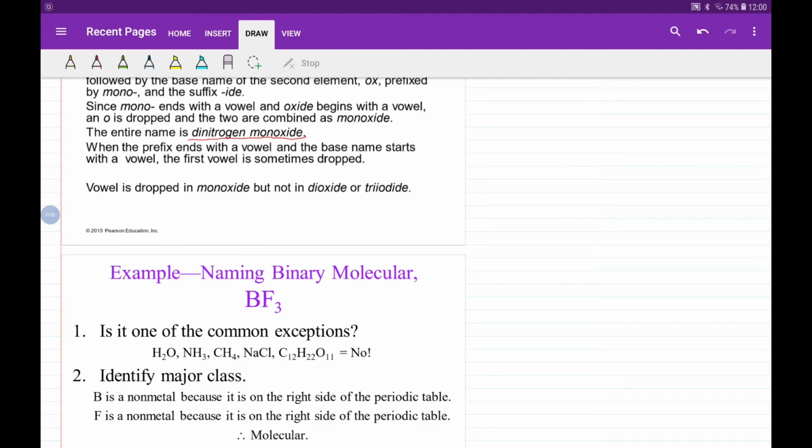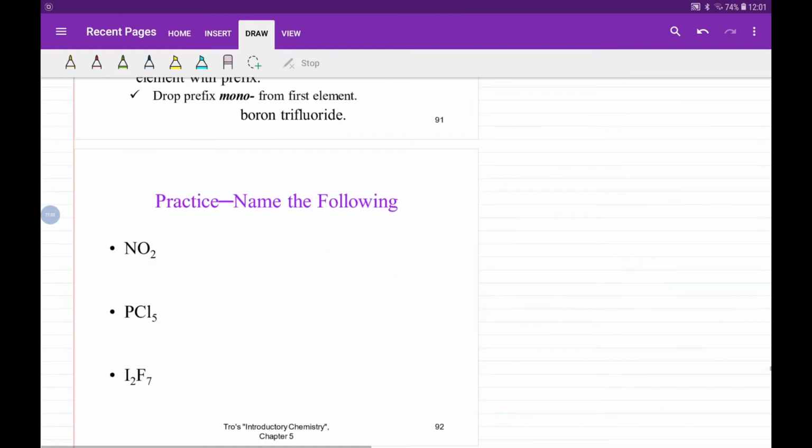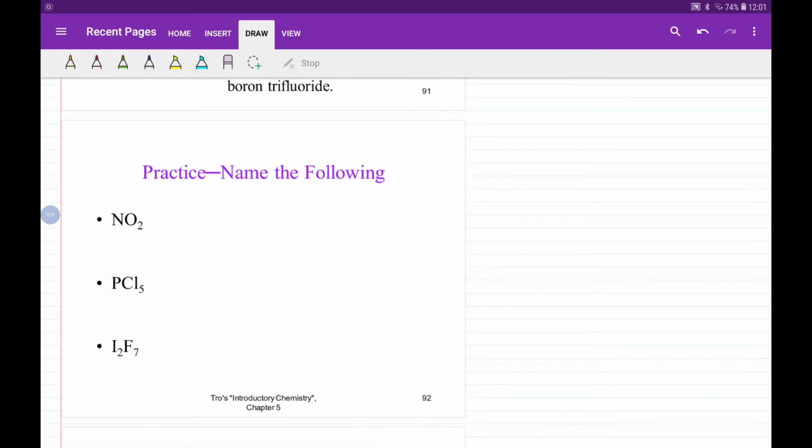That would be boron trifluoride. Okay, it's boron trifluoride. If we look at NO2, we don't call it mononitrogen, but it's nitrogen dioxide. PCl5 is phosphorus pentachloride. I have 5 chloride, therefore it's pentachloride.